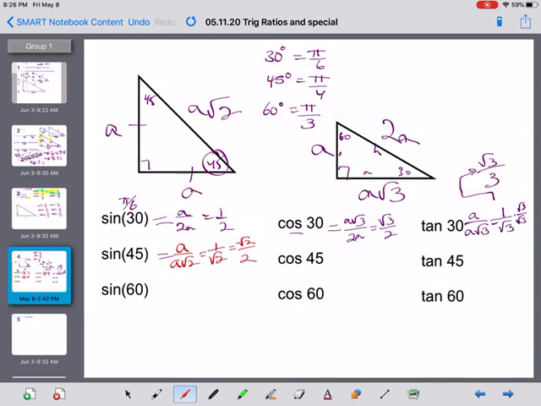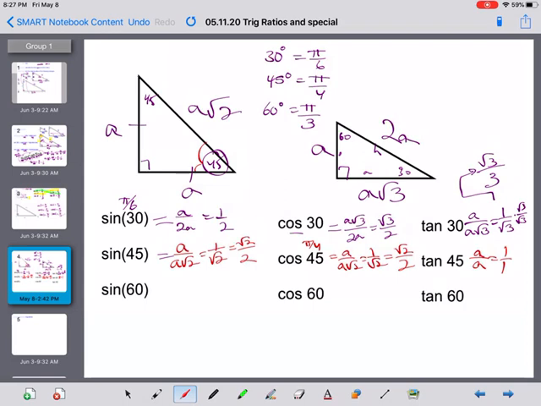Rationalize the denominator, radical 2 over 2. Cosine 45, or cosine pi over 4 radians. Adjacent leg over hypotenuse, same thing, A over A radical 2. Rationalize the denominator. Tangent 45, opposite over adjacent, A over A, 1 to 1.